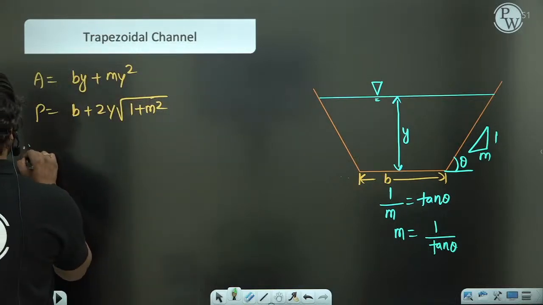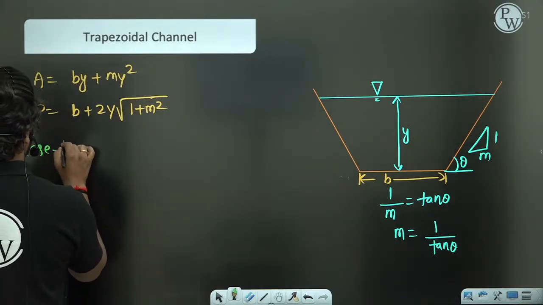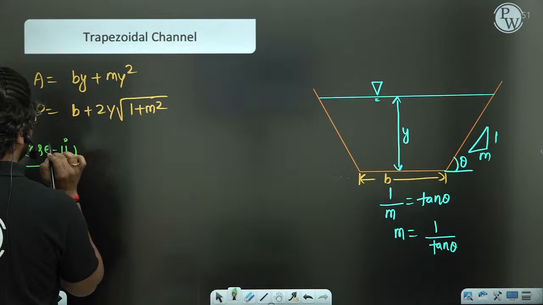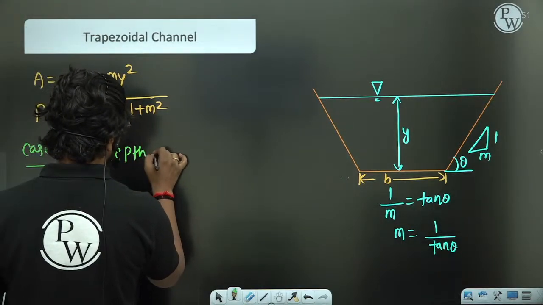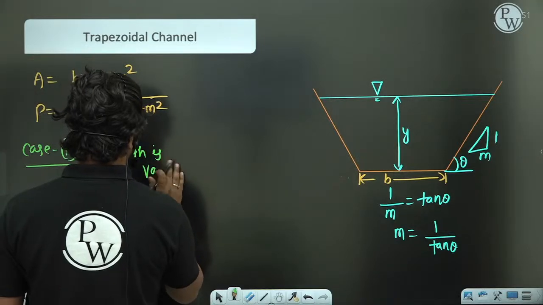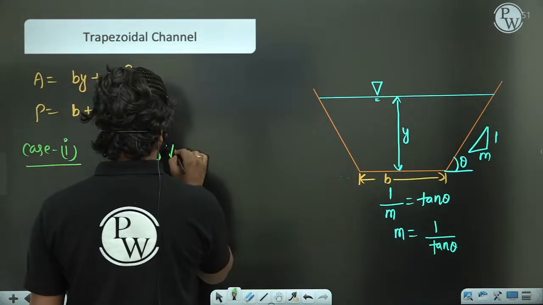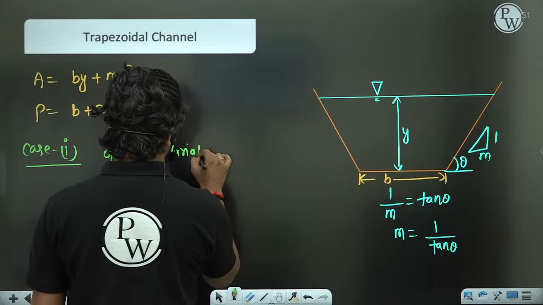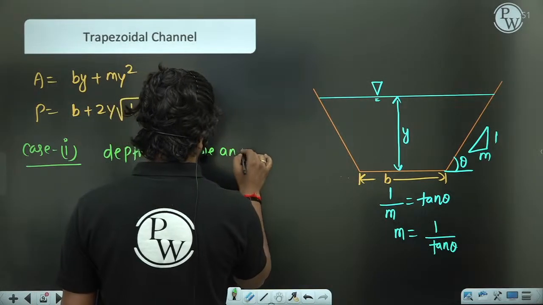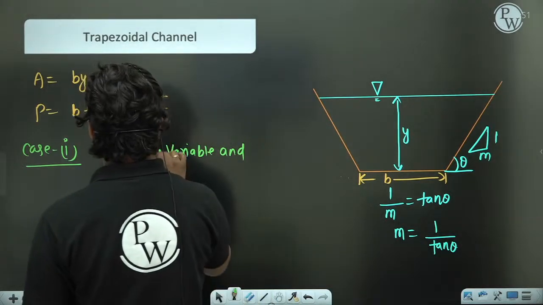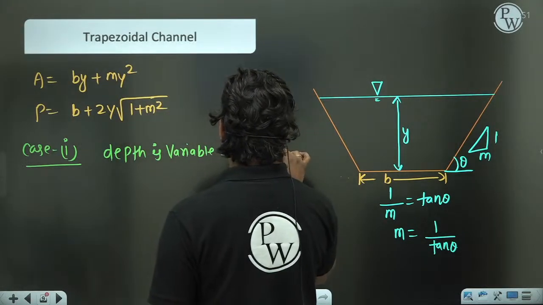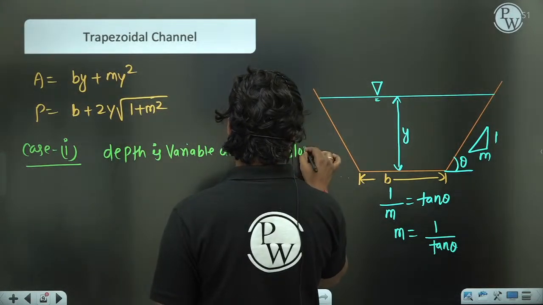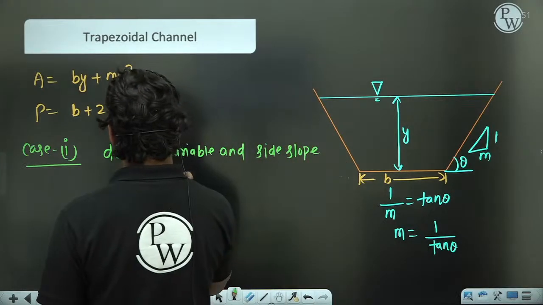We need to actually derive it two times. No problem, we'll do it. First case is, depth is variable and side slope is constant.